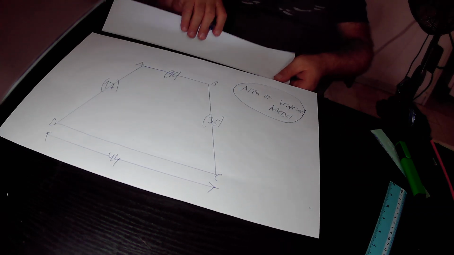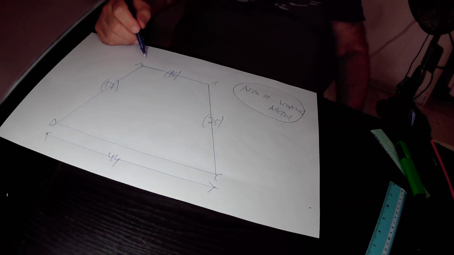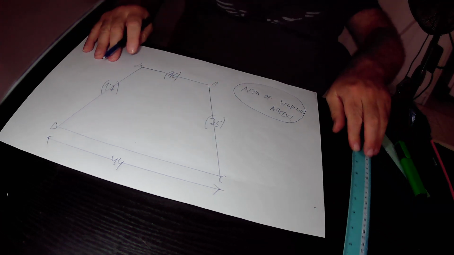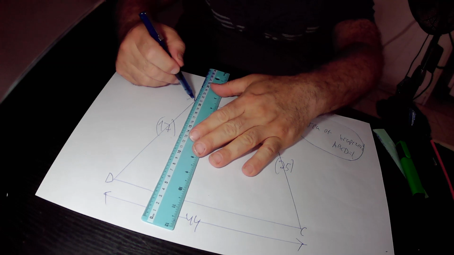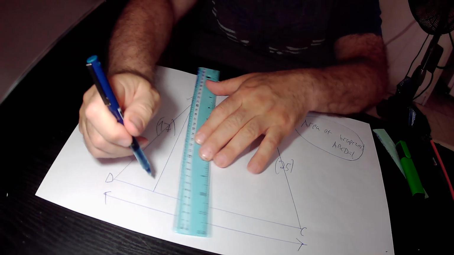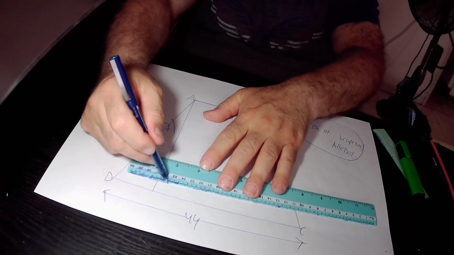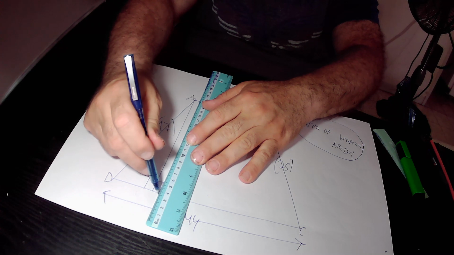In the next step, we will do a construction, that is to say, from this point A, we will draw a perpendicular on DC. So actually, this angle equals 90 degrees, and this angle also equals 90 degrees according to our construction.